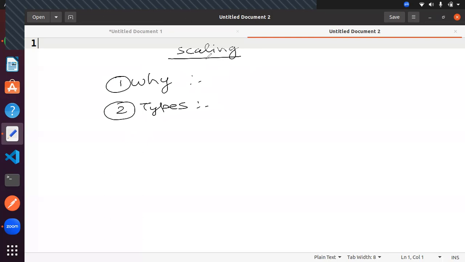Why is scaling required? Suppose our application is Amazon.com or Facebook.com or Instagram.com. It is deployed on one server, S1 server.